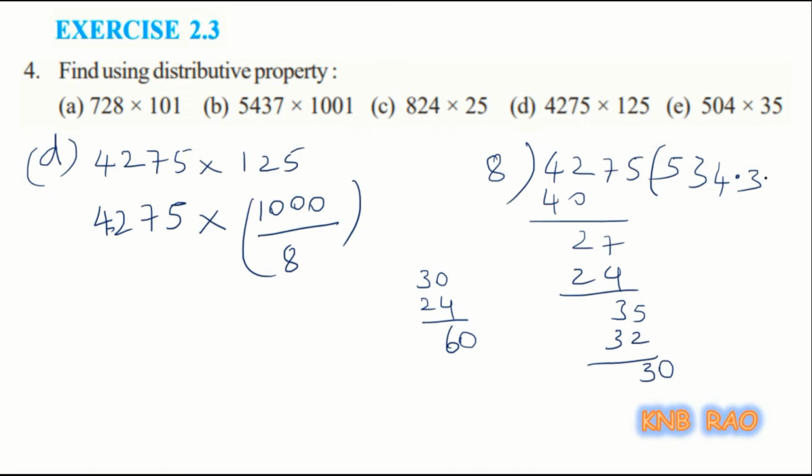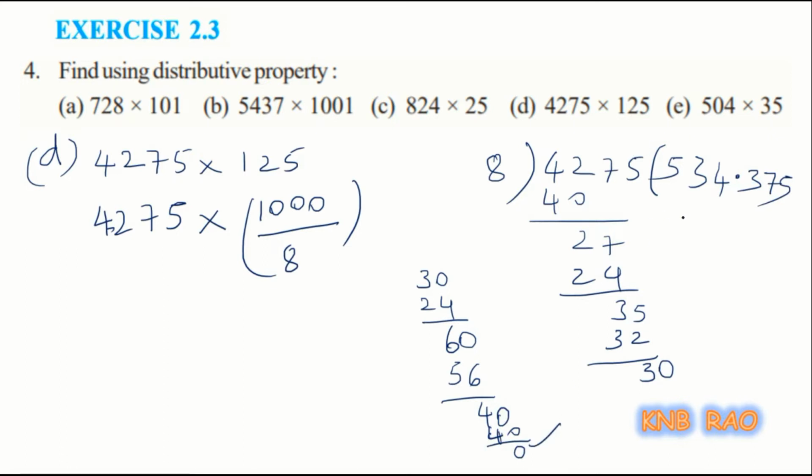So 8 7s are 56 and 4 comes, so now it can be written as 40. So 8 5s are 40, so 40 minus 40 is 0.